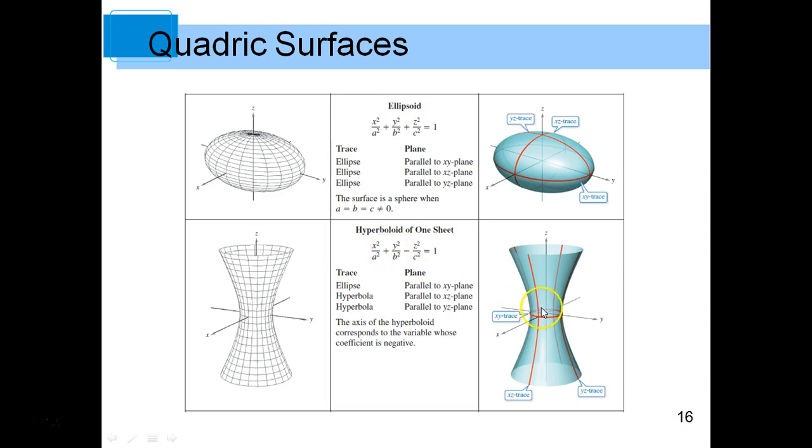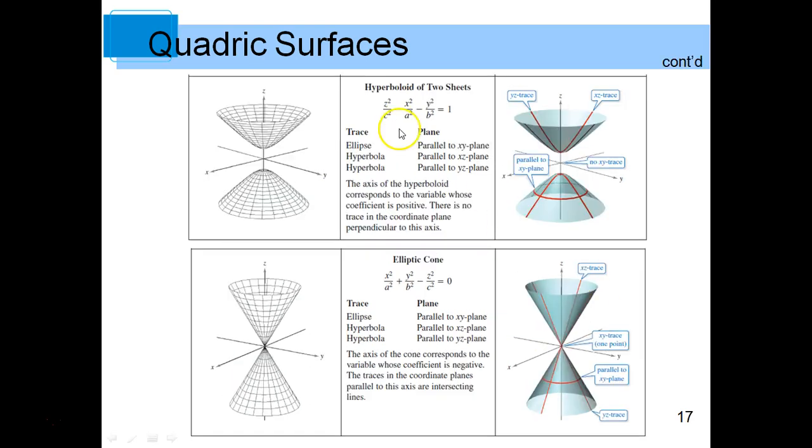Had it been the y, then we would have had it laying down and revolving around this. Notice they're both equal to 1 and that everybody is squared, x, y, and z. Two sheets, again, everybody is squared, but I'm going to have two negatives, split this piece up.